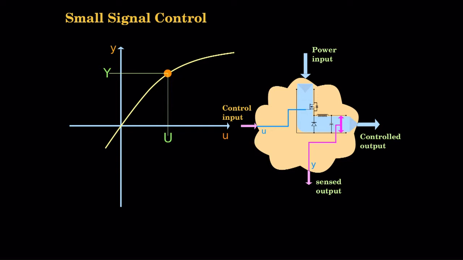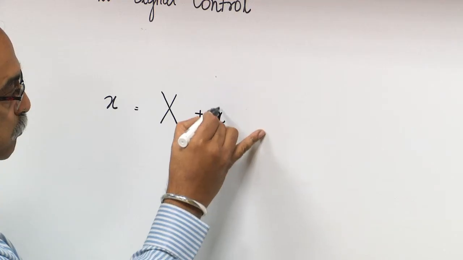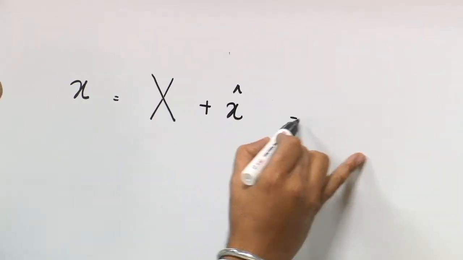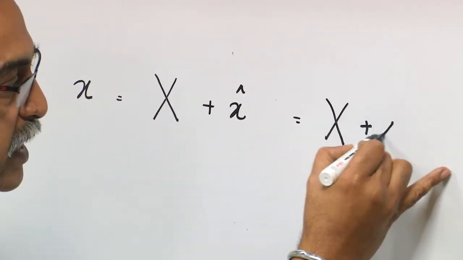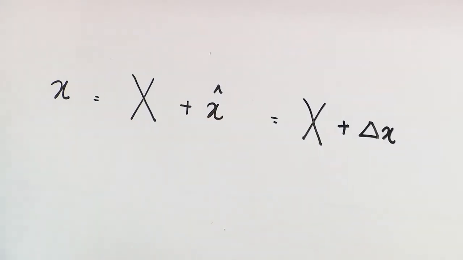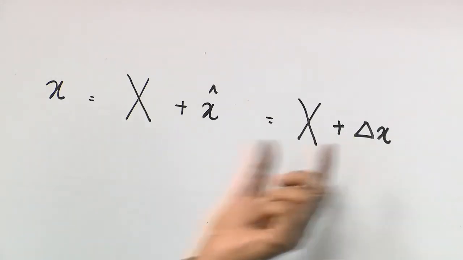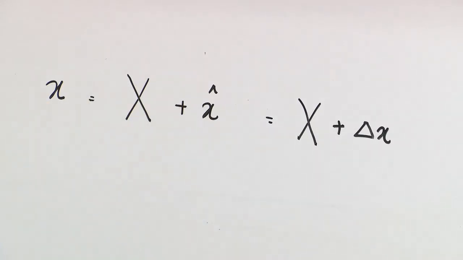One is the steady state operating point or the nominal operating point plus x hat. Okay. This actually is the same as what we have been using, x plus delta x, but writing delta x can be a bit troublesome, not troublesome in the sense that it is consuming more space in the horizontal domain. So, therefore, this is normally used, but we will also use that later, but right now for explanation I am going to use delta x.